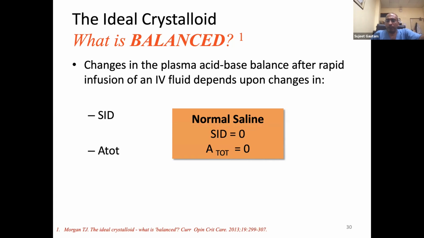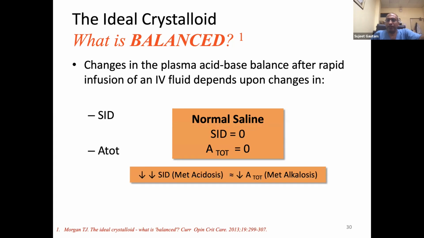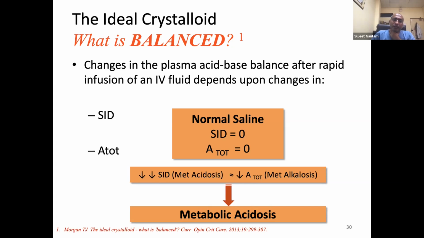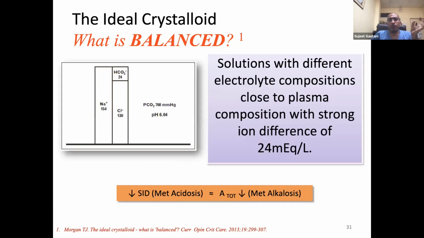But the decrease in SID is much more in comparison to the decrease in weak acid concentration. As a result, when we infuse large amounts of saline, especially after long duration surgeries, there occurs metabolic acidosis, which we commonly see after long duration surgeries. So, how are the balanced salt solutions going to help us in this kind of situation?